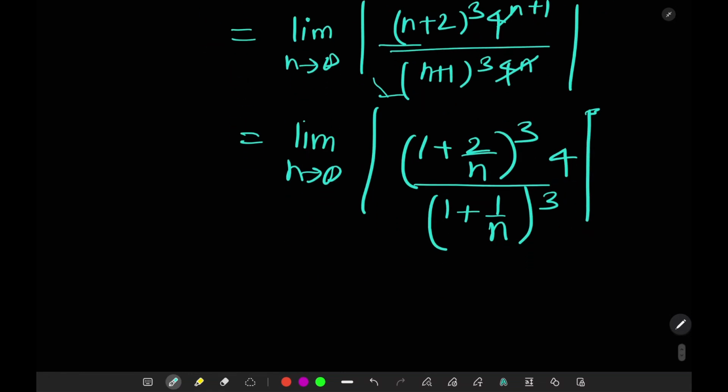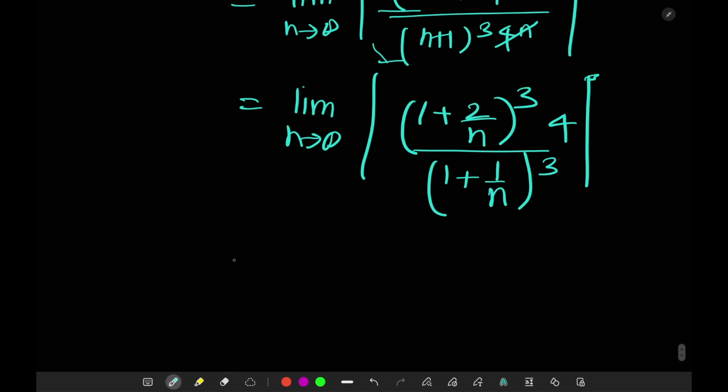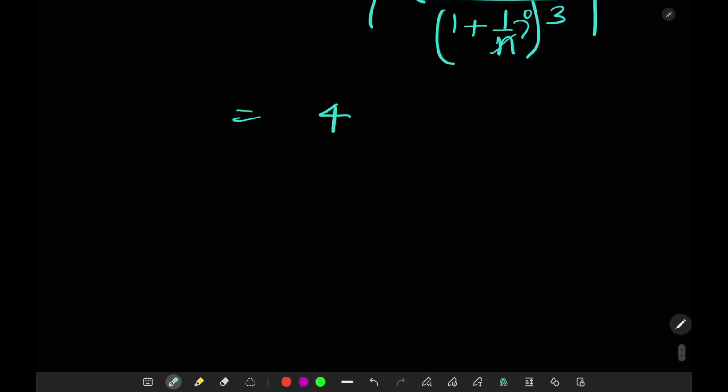Now putting the value of n, this term becomes 0 and this also 0. So the answer comes 4. Here you can see that |z + 2| < 4.